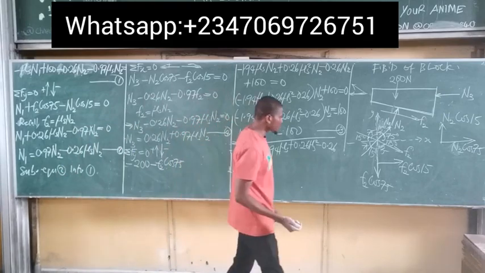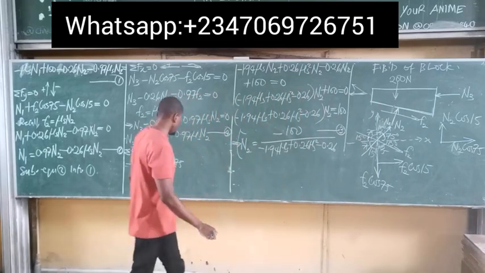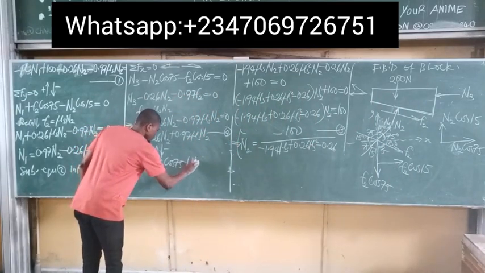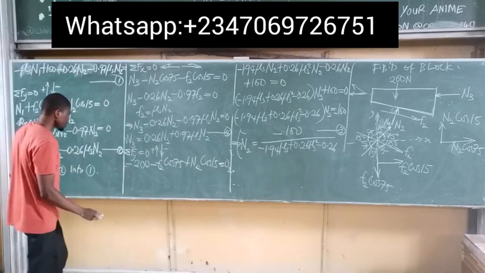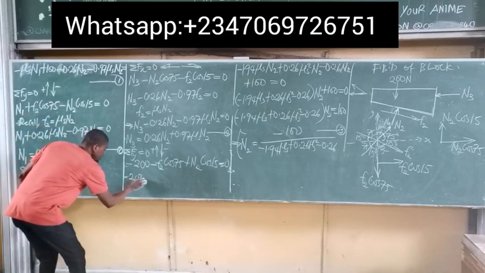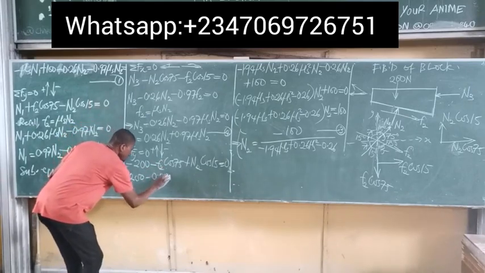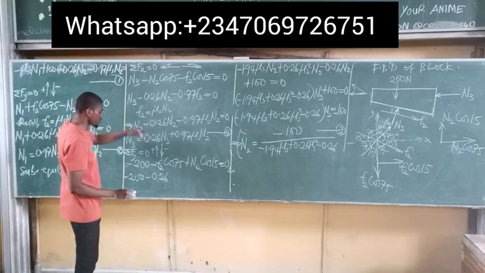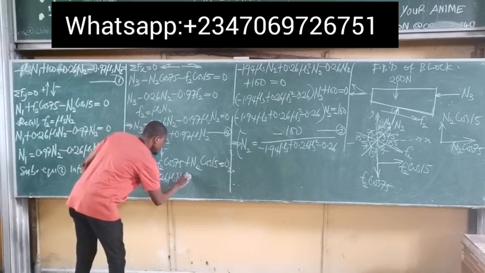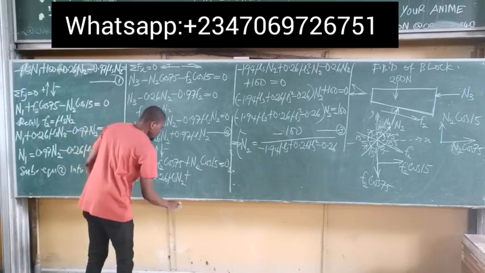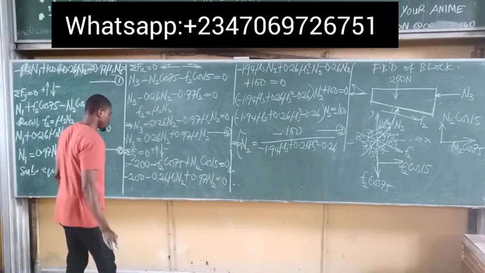I also have N2 cos 15 pointing upwards, so plus N2 cos 15. The whole of this is equal to 0. So minus 200 minus 0.26 mu x N2 plus 0.97 N2 equals 0.